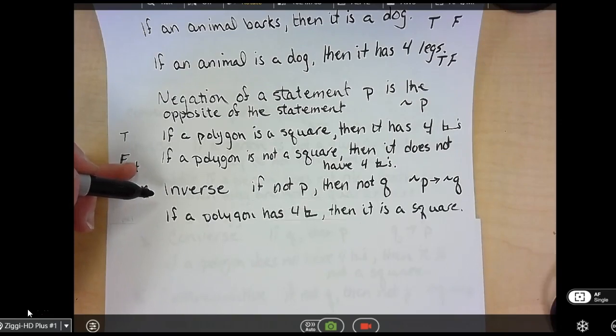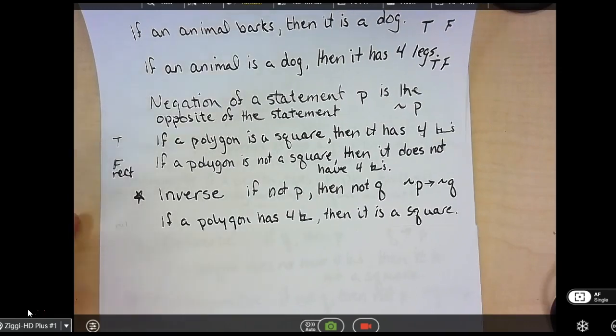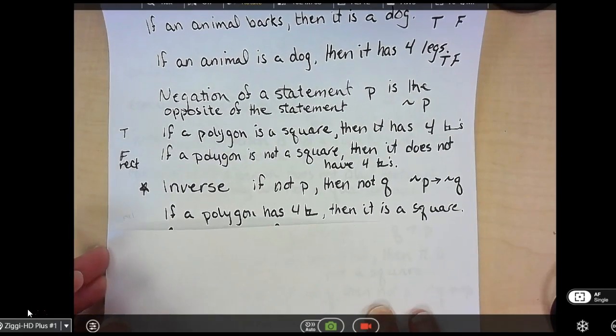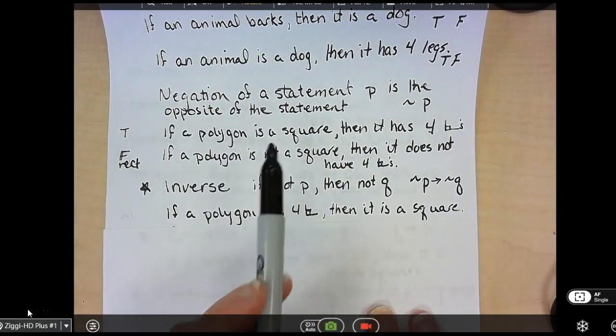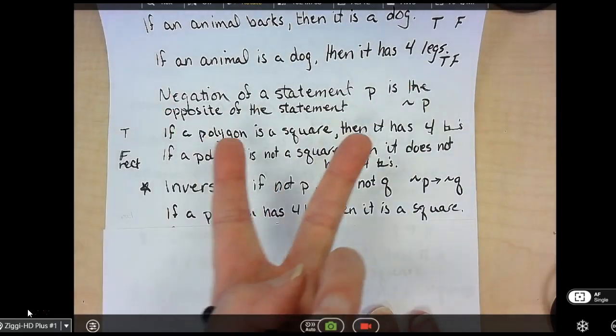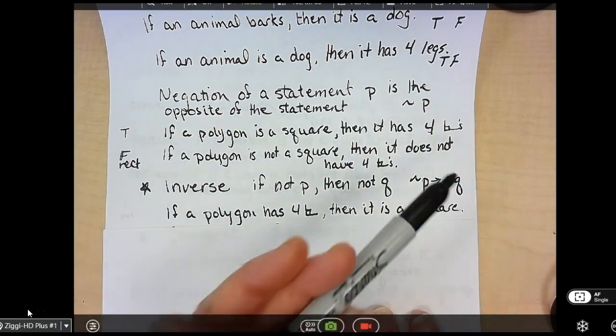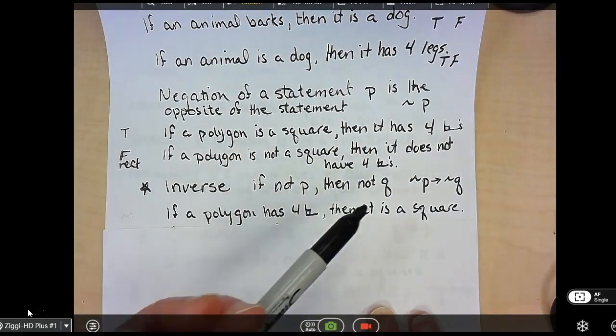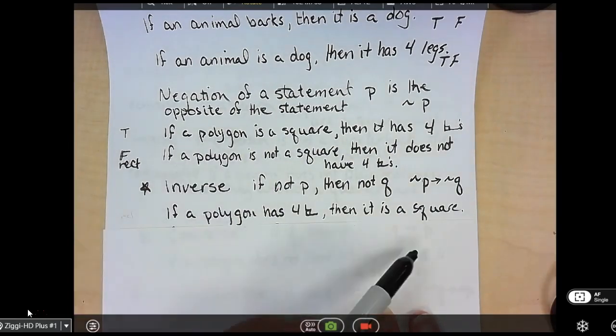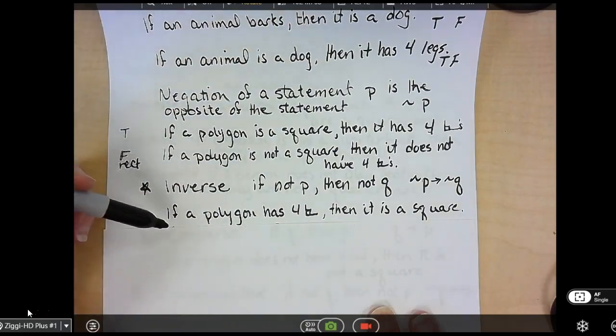Another form of a conditional statement: if a polygon has 4 right angles, then it is a square. So they took the original and flipped it, put the then first, the conclusion first, then the hypothesis second. If a polygon has 4 right angles, then it is a square, not always.